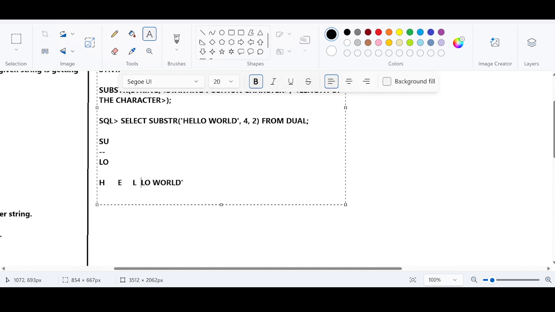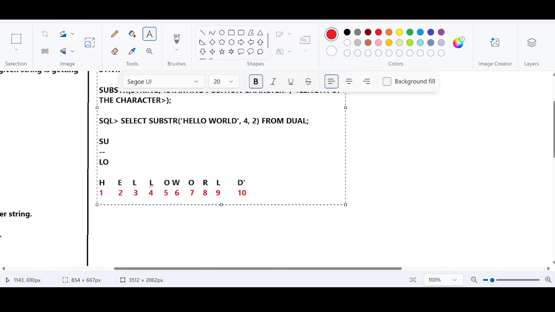H E L L O W O R L D. So when you want to give the positions, the positions will start from 1, in increasing order from left to right. 1, 2, 3, 4, 5, 6, 7, 8, you have 9, and you have 10.